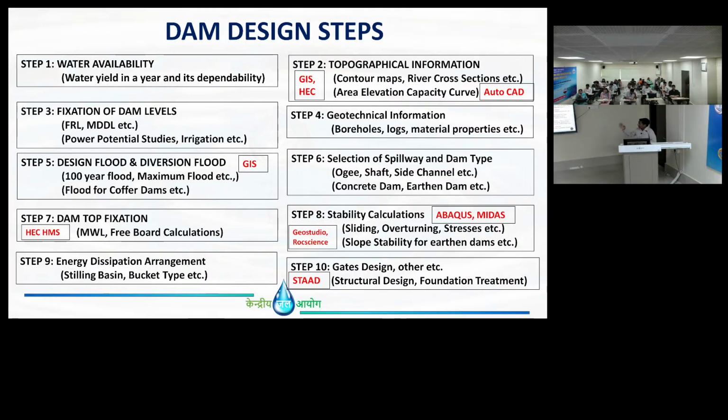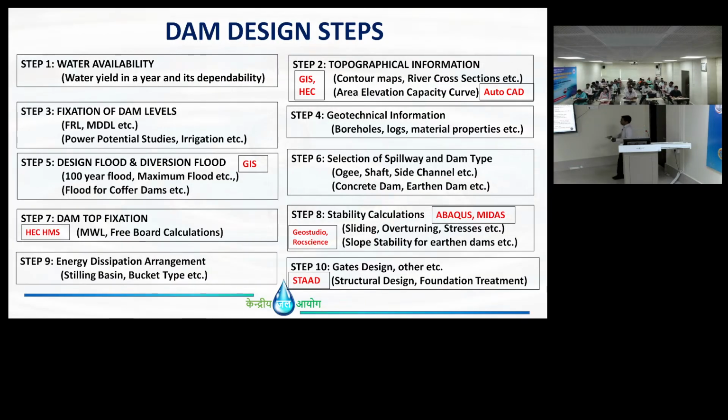So these are the different software we can use for different steps. You have already used I think GIS, HEC software, and in AutoCAD we will generally use it for development of river cross sections, contour maps, area elevation, capacity curve, everything. And GIS I think you have used for estimation of design floods.